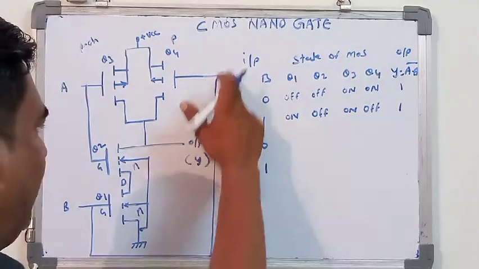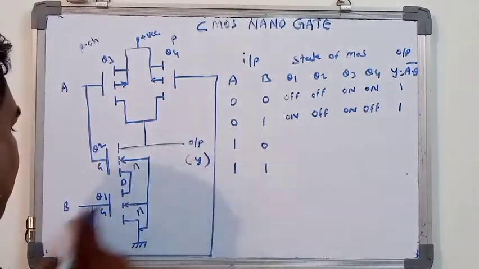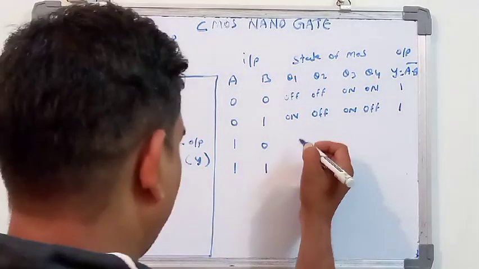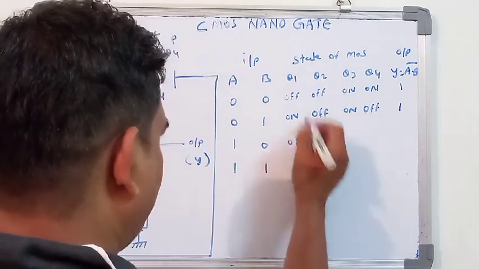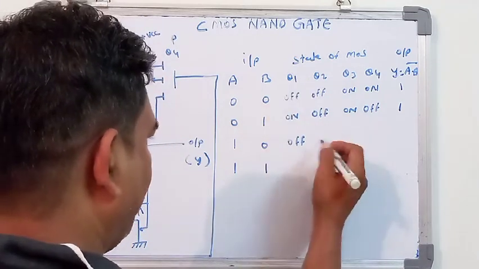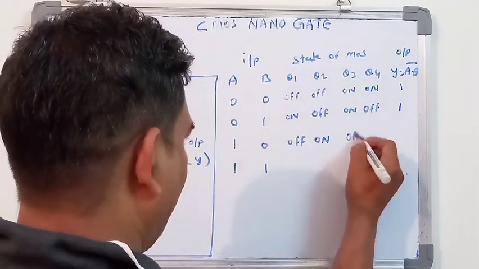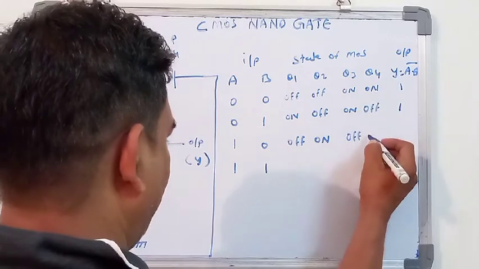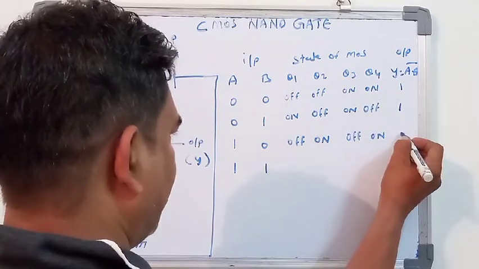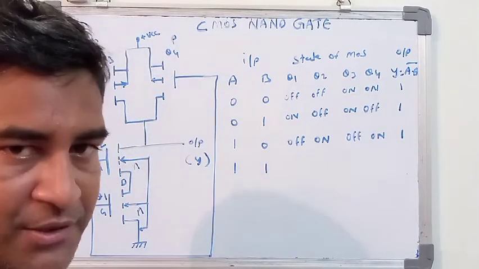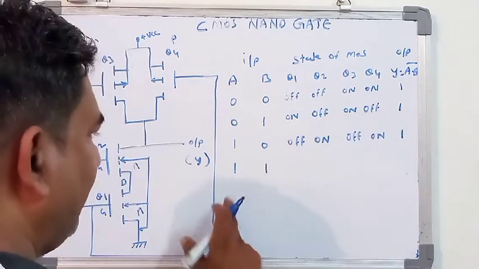Okay, when A is equal to 1 and B is equal to 0, Q1 is in an off condition, Q2 is in an on condition, Q3 is again in an off condition, and Q4 is again in an on condition, and at that you are getting the output as 1.